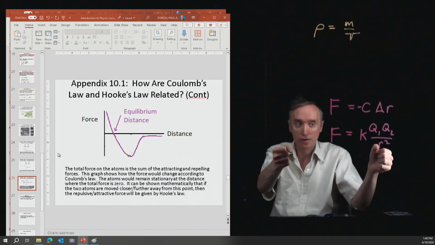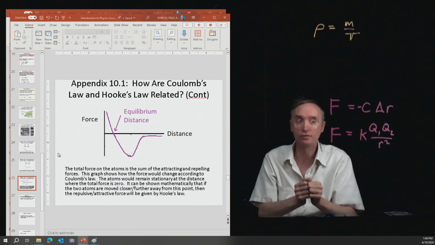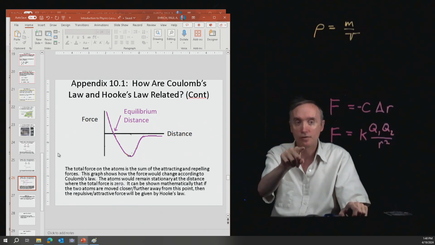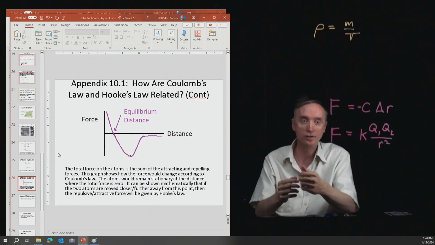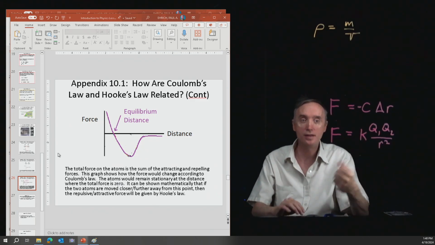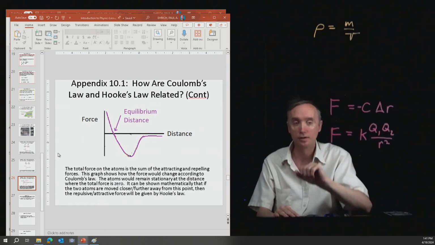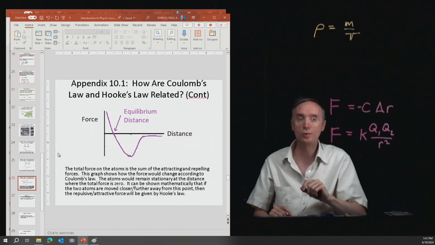The closer those nuclei get to each other, the stronger the force of repulsion is going to be. So that's the first part of that graph. Then the second part of the graph, when you get further away, is attractive because of the electrons on the protons. And notice that there's a sweet spot.